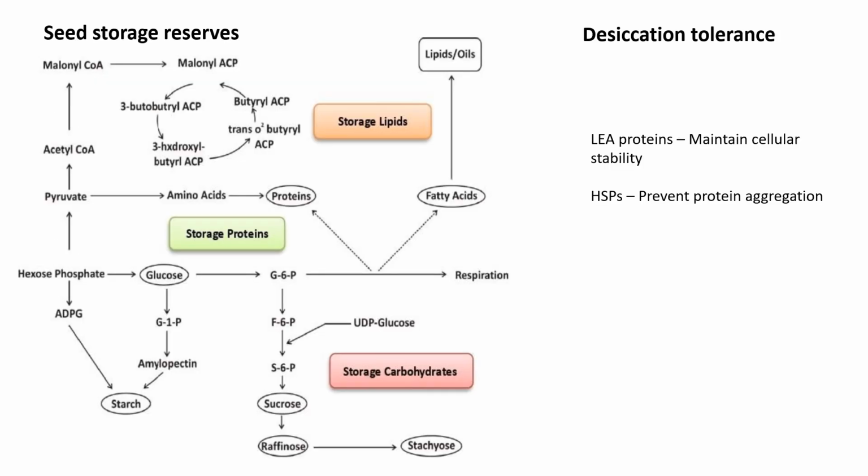Let us now study the reserve products accumulated in mature seeds and how the seeds acquire desiccation tolerance during maturation. Both the endosperm and the cotyledons can accumulate seed storage compounds during seed maturation. These reserves are important sources of nutrients to the germinating seed till the young seedling attains the ability to carry out photosynthesis.